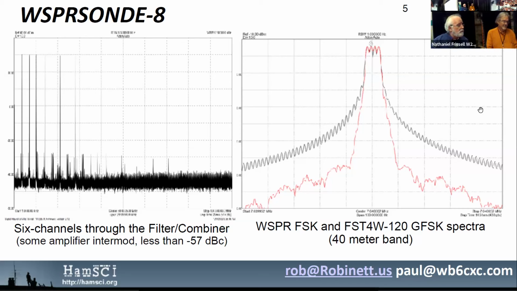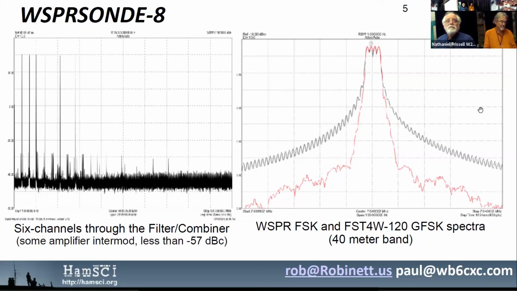And then on the right, you can see we can transmit both in WSPR mode and in FST4W. This is FST4W-120, which has roughly the same data rate and frame length as WSPR. The difference is FST4W, first of all, you see the spectrum with the higher level signals, sidebands.